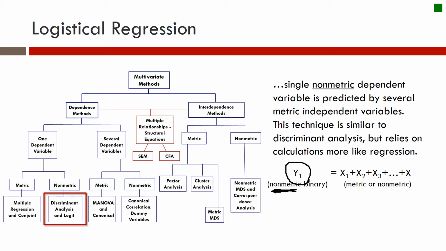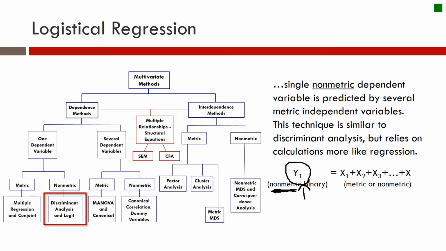This violates a typical regression assumption, because typically in regression analysis, all the variables need to be metric. However, sometimes you have an outcome that's binary, like purchased or didn't purchase, and we want to predict whether somebody will purchase or won't. That purchase question is binary, so it's non-metric, and we have a series of independent variables, which could be metric or non-metric, that predict the likelihood of a yes or a no.